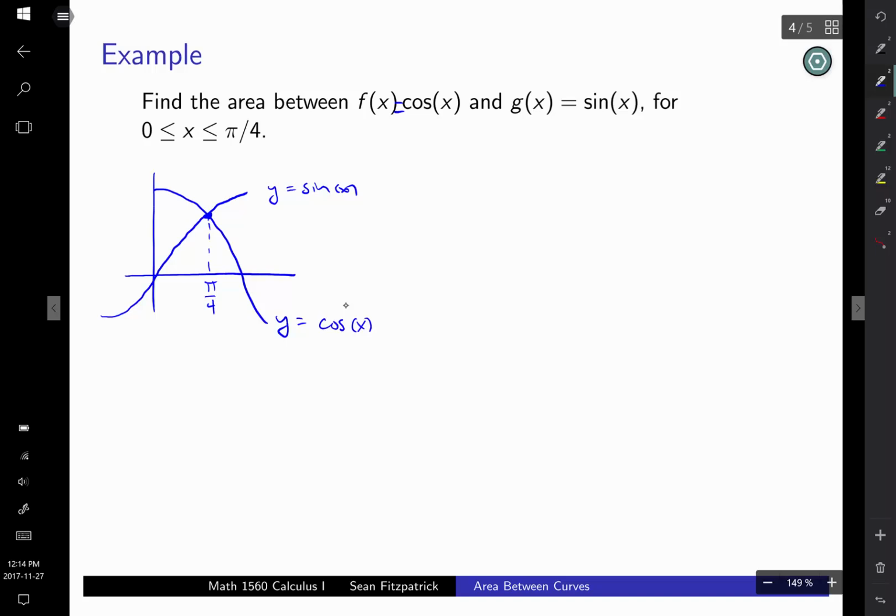So we know that sine of pi over 4 and cos of pi over 4 are both equal to 1 over the square root of 2.